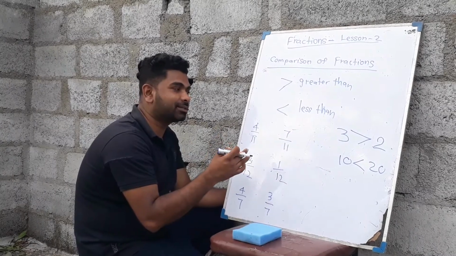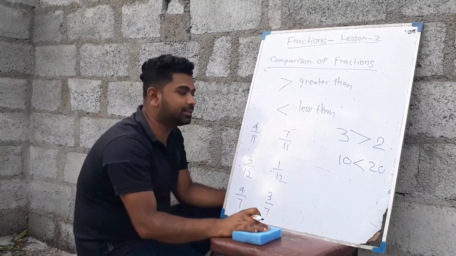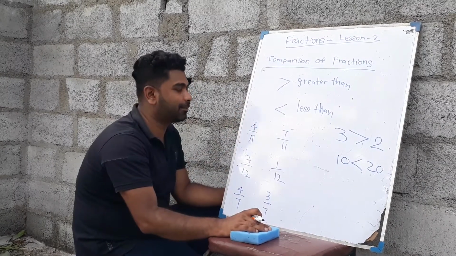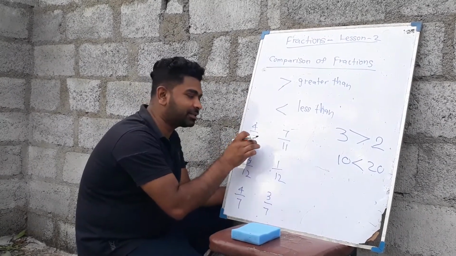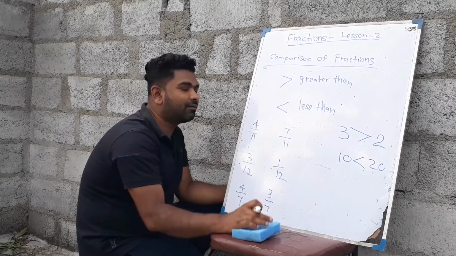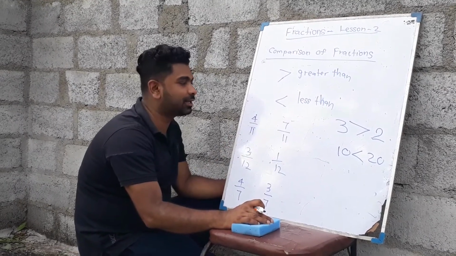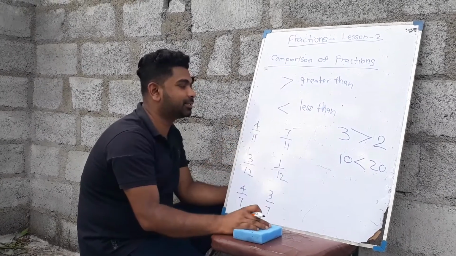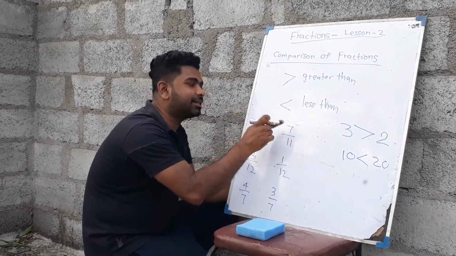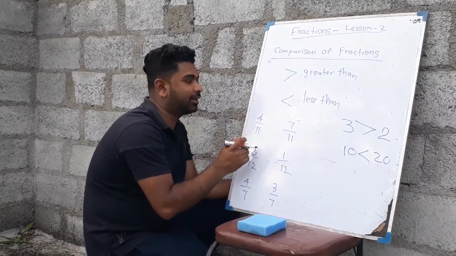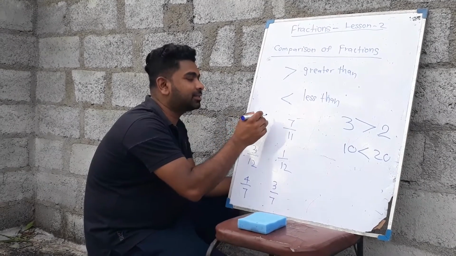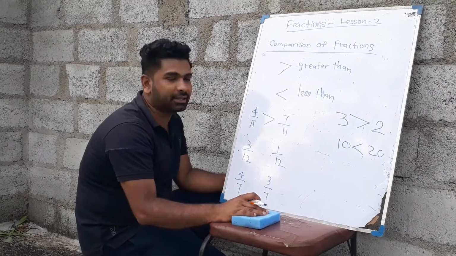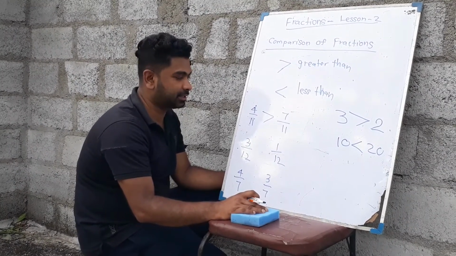If the denominators of the given fractions are equal, look at the numerators and compare. So directly look at the numerators. If you think of 4 and 7, 4 is less than 7. So 4 over 11 is less than 7 over 11, right?